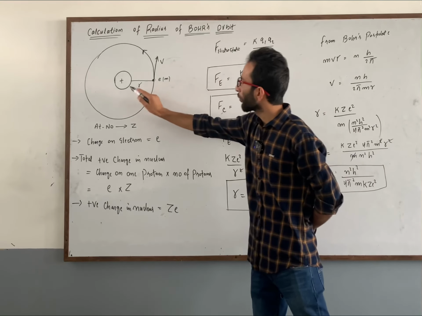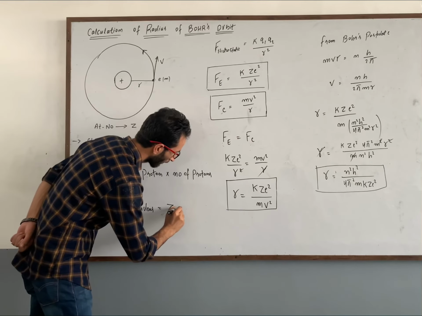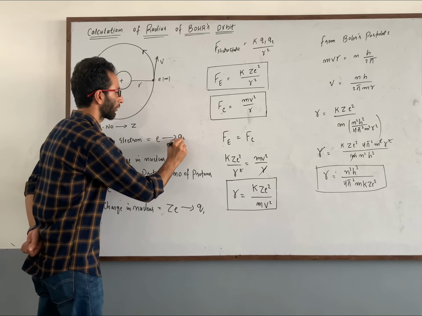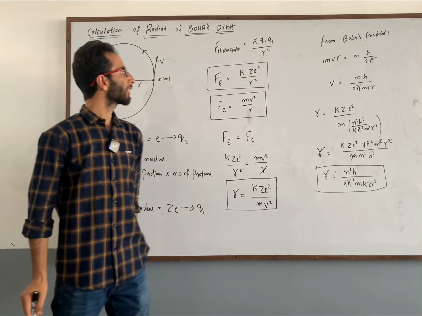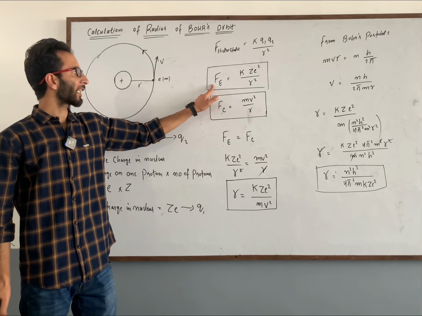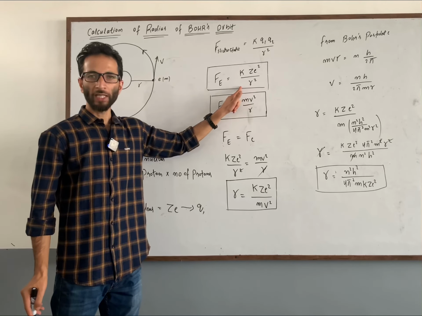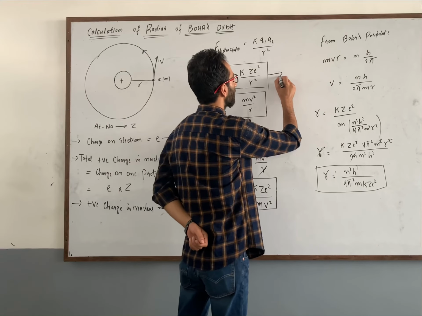Here we can use Q1 for the charge of the nucleus and Q2 for the charge of the electron. By using the values of Q1 and Q2 in this expression, we get the electrostatic force between the two charges as K Z e square divided by r square. Let me name this equation 1.